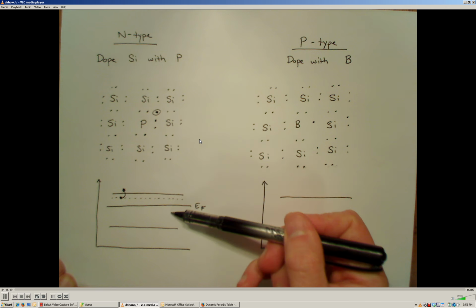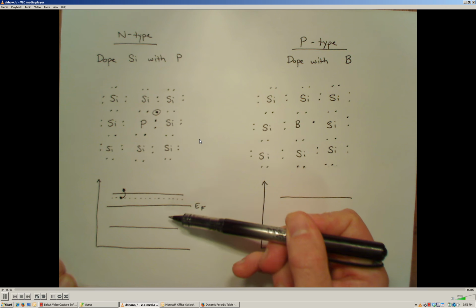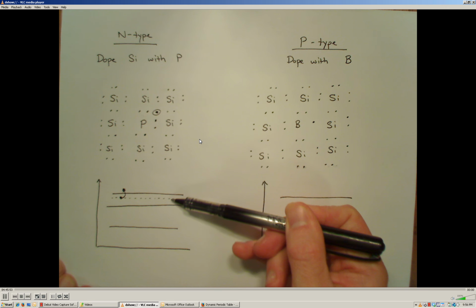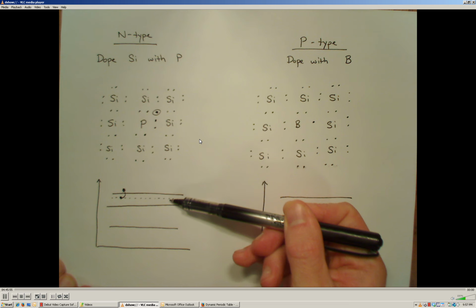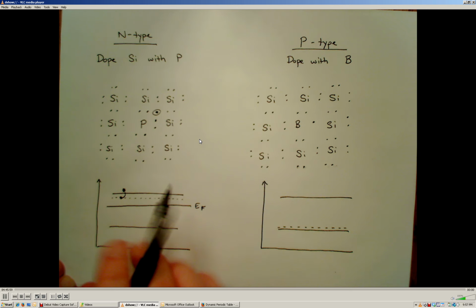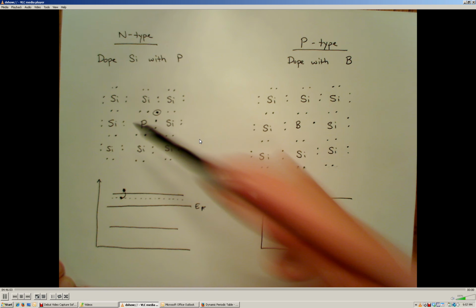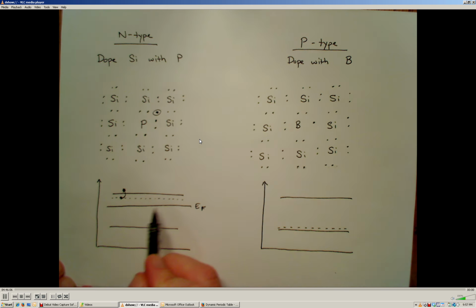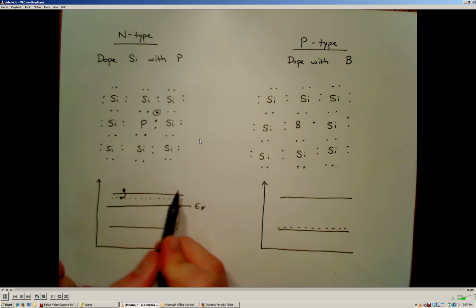And the more dopants we add, the greater this Fermi energy level shifts upwards, up to a point wherein we've created a completely new crystal that has a different band structure associated with it. But in this case, we're adding low levels of phosphorus, and we're increasing the probability that we're going to have some electrons that are excited and in the conduction band that can move throughout the crystal.